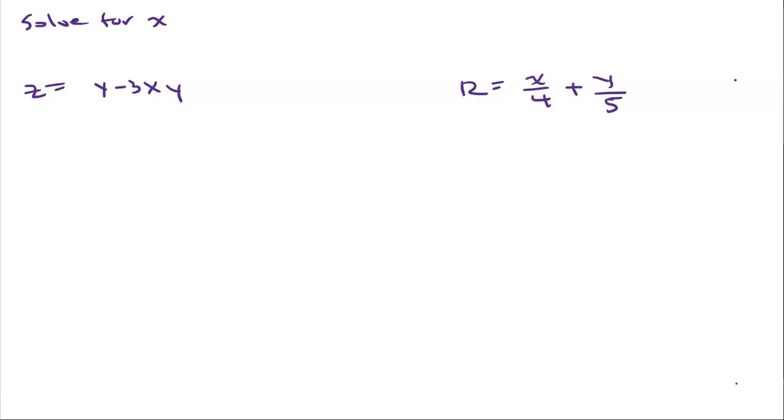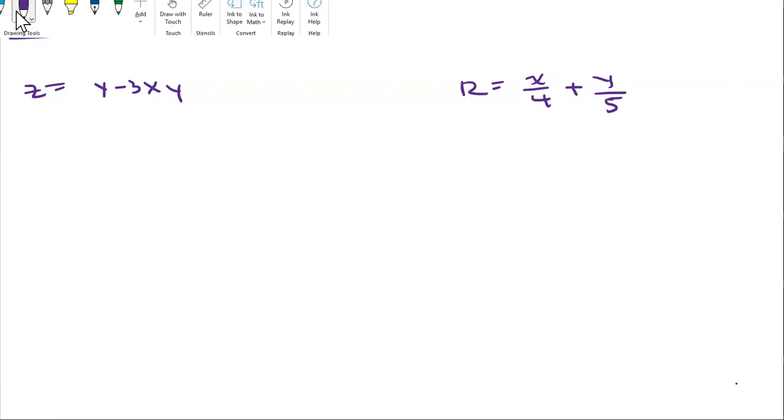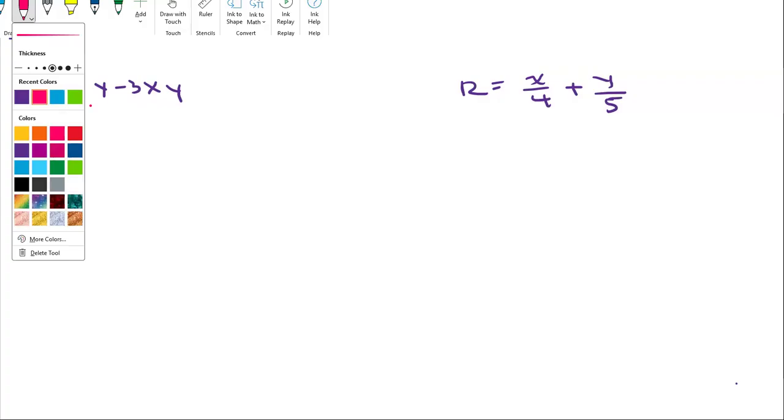All right, so for this one, we want to solve for x. There's a lot of ways to do this, but probably the easiest way is to move the y over.